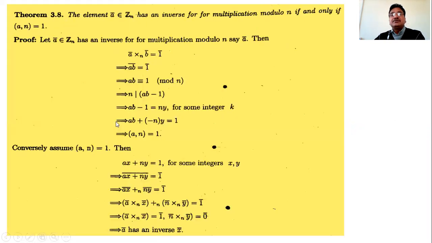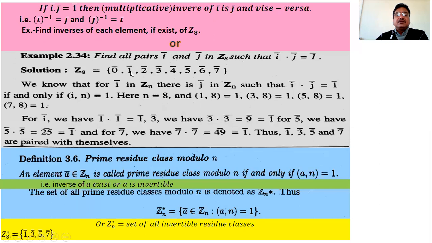So if you observe in Z8, 0 and 8 have greatest common divisor 8. 1 and 8 have greatest common divisor 1, and therefore the inverse of 1 bar exists. The greatest common divisor of 2 and 8 is 2, not equal to 1, and so the multiplicative inverse of 2 bar does not exist in Z8. 3 and 8 have greatest common divisor 1, and therefore the inverse of 3 bar exists.